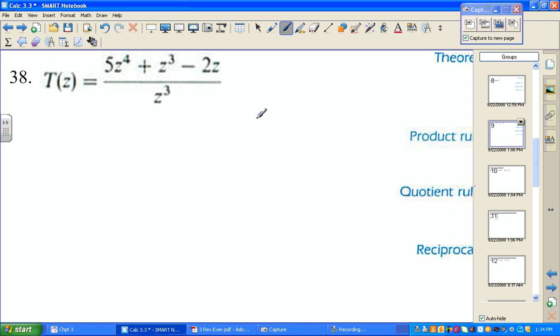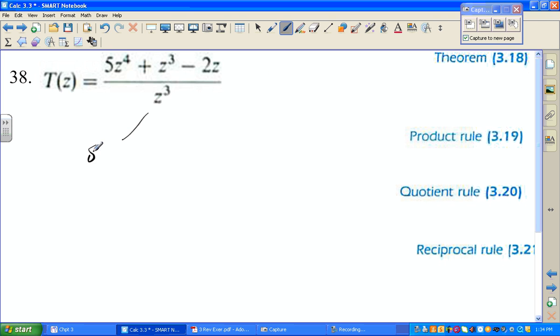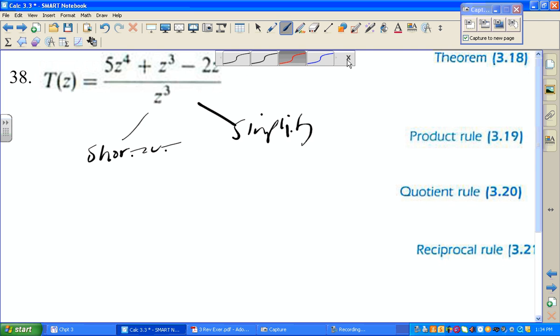Chase, how would you want to do it? You've got two choices. You can go shortcut, or you can go simplify. This would become T of z equals 5z plus 1 minus 2z to the negative 2.